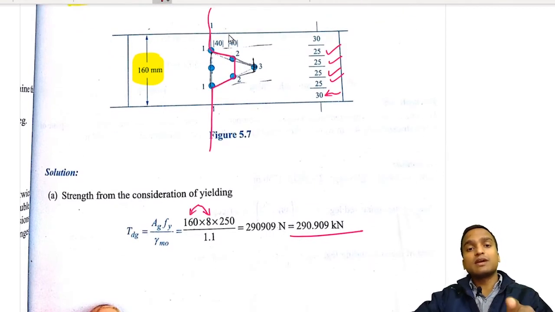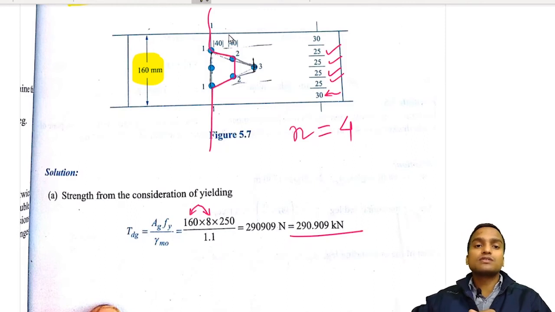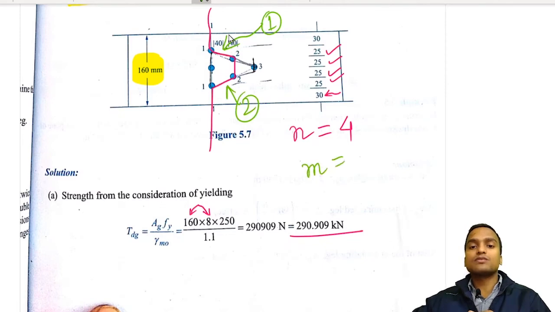In this critical section, the number of bolts that the crack is encountering is 4 bolts. And how many staggerings are there? You see this first staggering and this is my second staggering. So the value of staggering m is equal to 2.